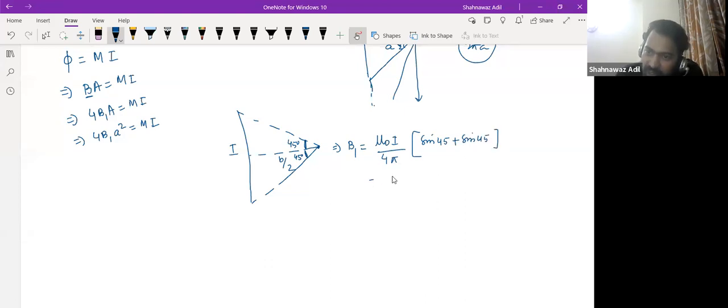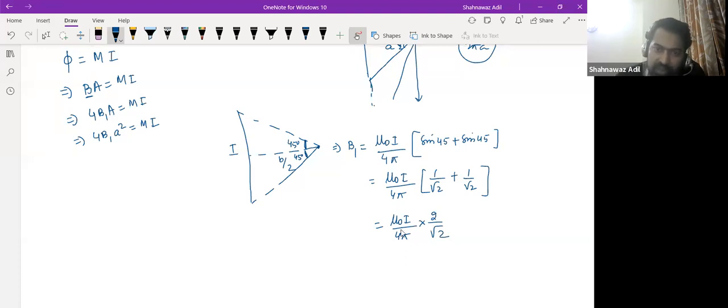So how much is sine 45? What is the value of sine 45? It is 1 by root 2. Yes, 1 by root 2. So then this is mu naught I by 4 pi, and this is 2 by root 2.